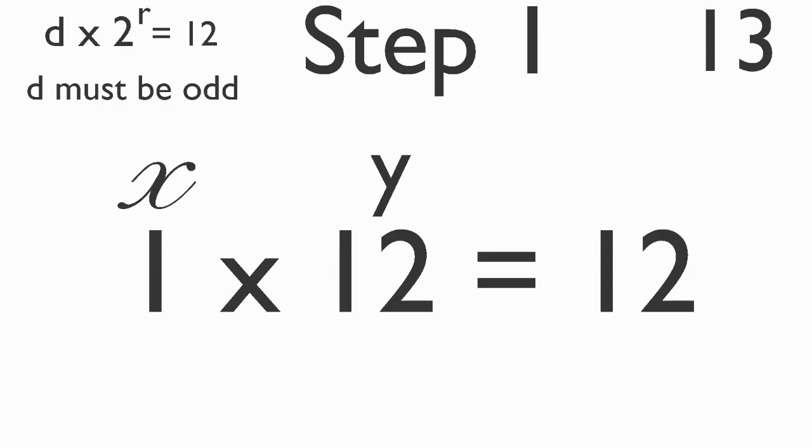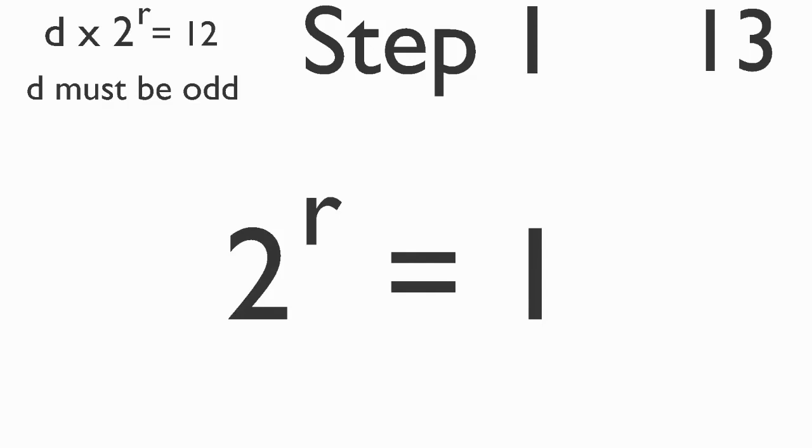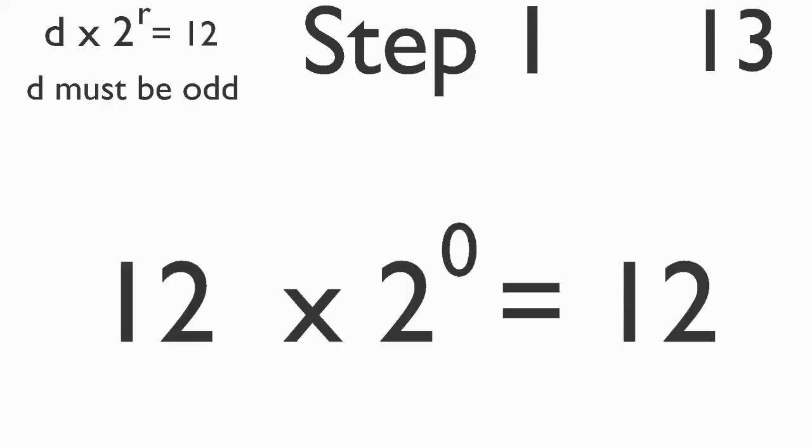So we're going to use this trick in our formula. We're going to make sure that 2 to the power of r is 1, so that d can simply be 12. To do that, we choose r equals 0, so that 2 to the power of r is 1. If we make d equal 12, then our formula will give 12.